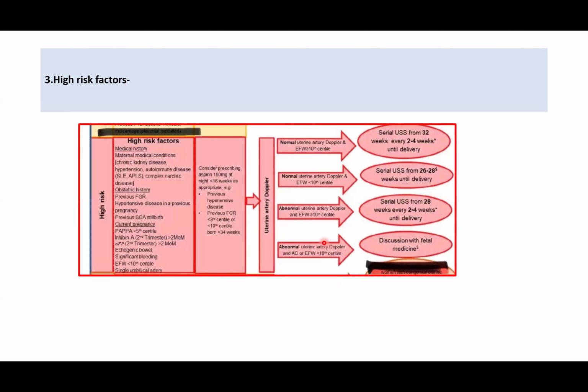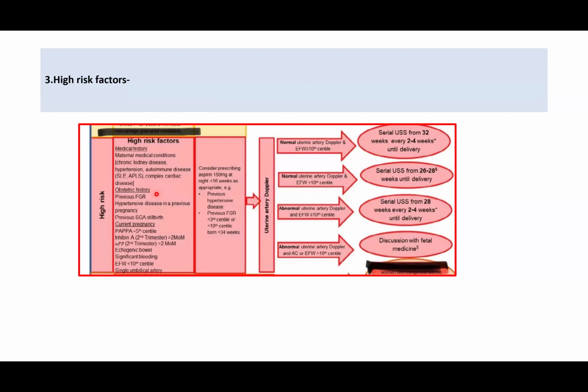Now, coming to management and surveillance of women with high risk factors. So again, in the medical history, we have to inquire about maternal medical conditions like chronic kidney disease, hypertension, autoimmune disease, these are SLE, antiphospholipid syndrome, and complex cardiac disease.